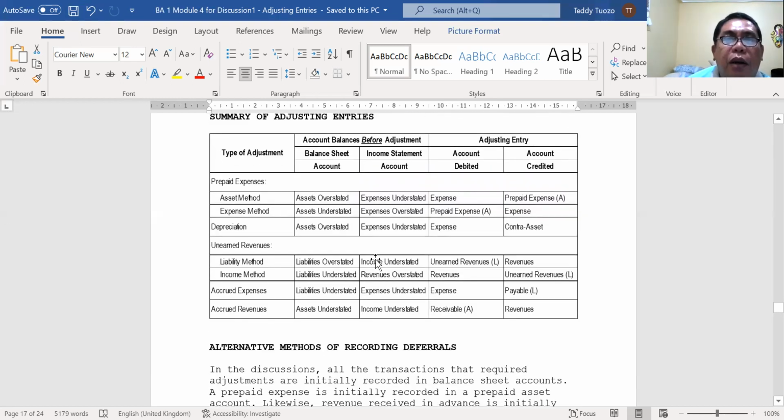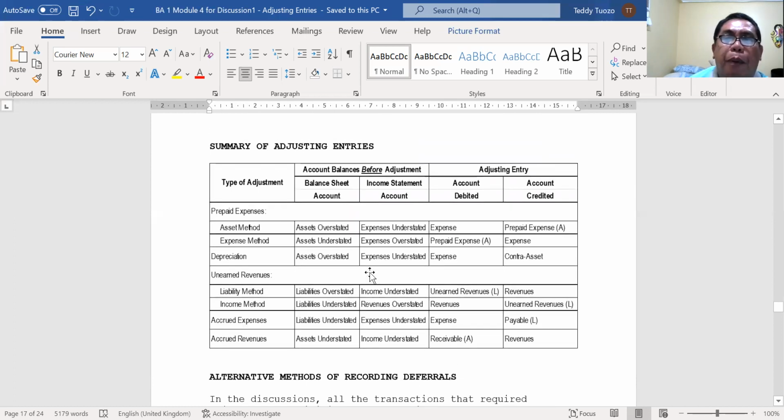So you have here the summary of adjusting entries for purposes of discussion class. The adjusting entries in this problem would only be prepaid expenses. Actually there are two methods, the income method and the expense method.